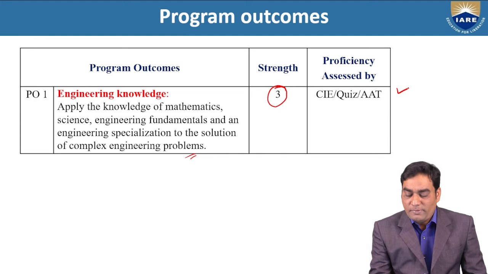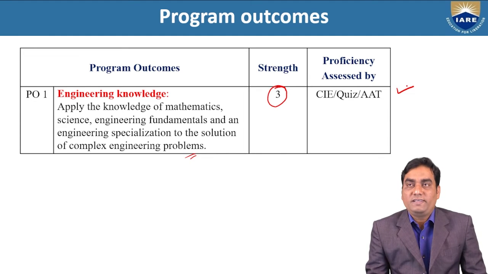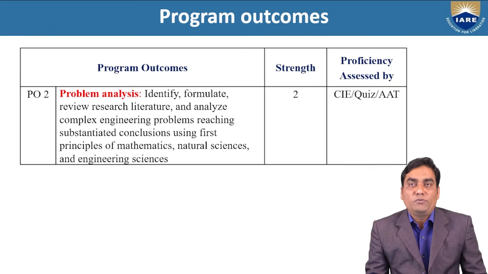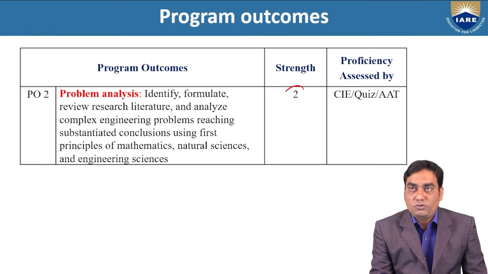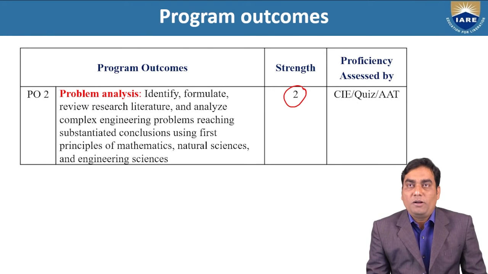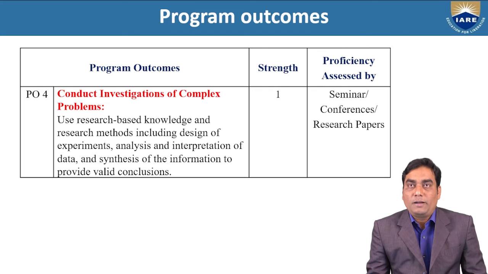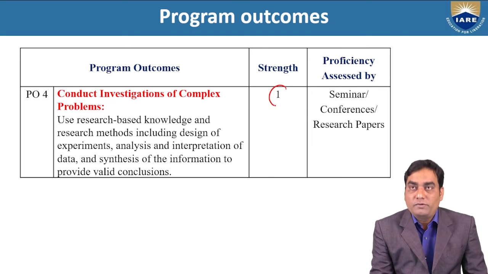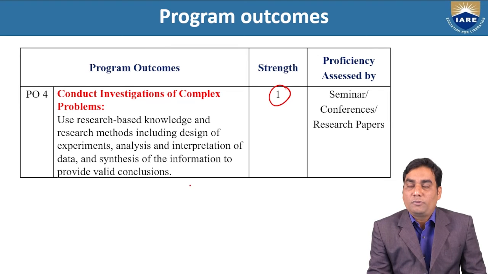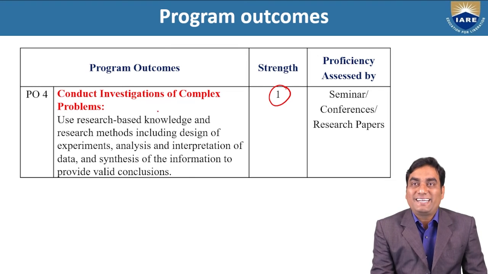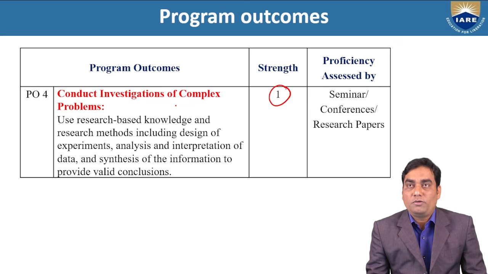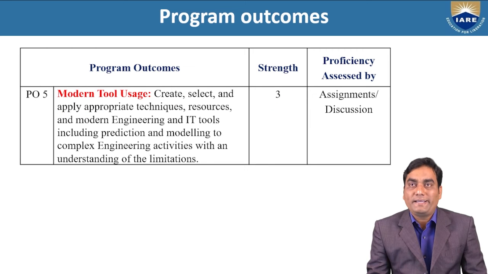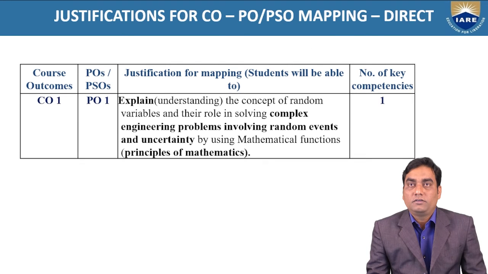This will be assessed by either CIE or SEE. PO2, problem analysis, is also mapped with strength 2 for our subject. And PO4, not PO3, PO4 is mapped with strength 1, that is conduct investigations of complex problems. PO5, modern tool usage, also has strength 3.